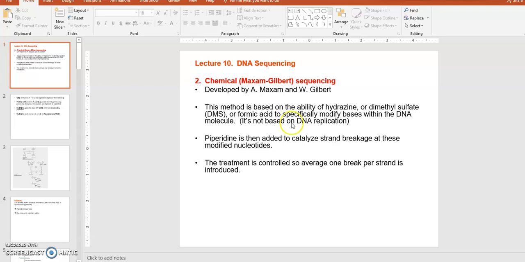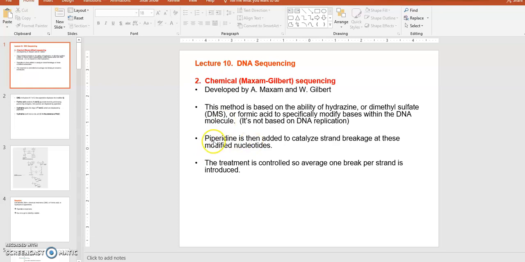Examples of these chemicals are hydrazine, dimethyl sulfate, which is DMS, and formic acid. These are very strong mutagens because they modify the structure of DNA bases. Another chemical is piperidine.